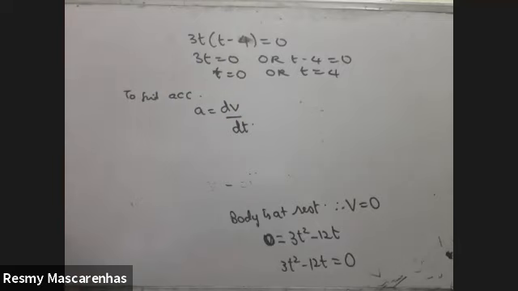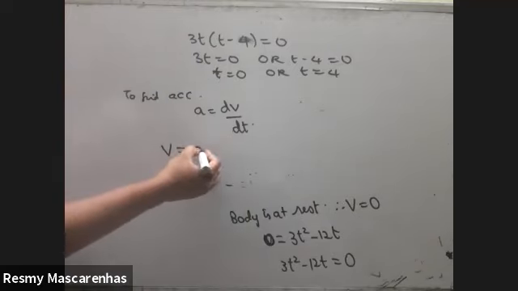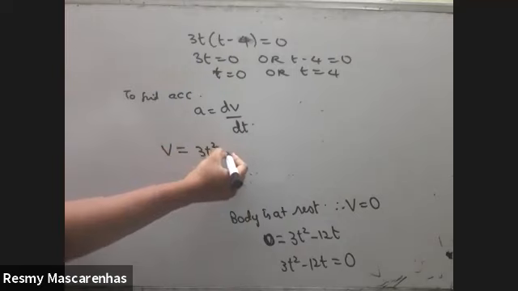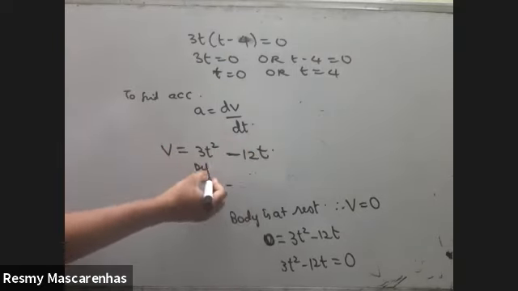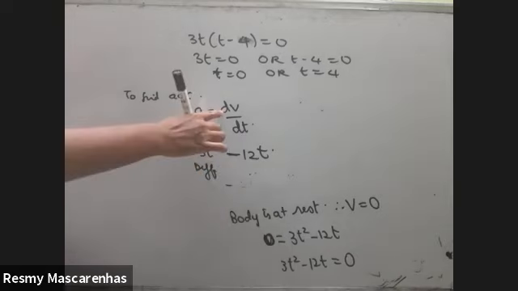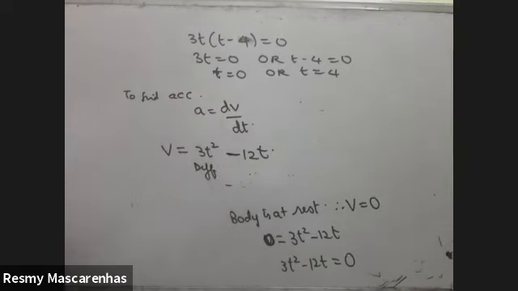Now definitely I know what is v. We just now found out. 3t square minus 12t, I know. So what I'll do, I'll find the derivative of v.